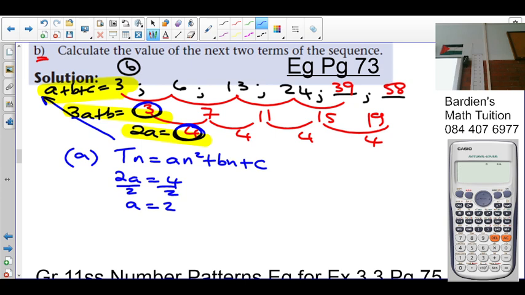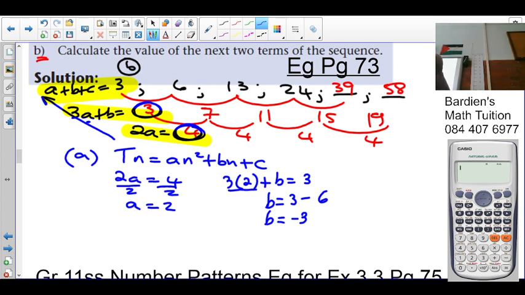So now if you put A in here, what would it be? 3 times 2 plus B is equal to 3. So B is equal to 3 minus 6, which is negative 3. You guys understand? Simple, no?